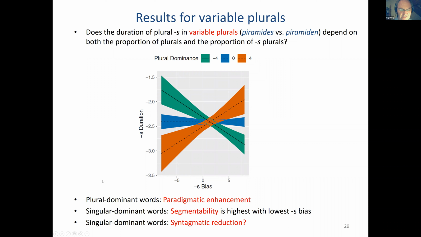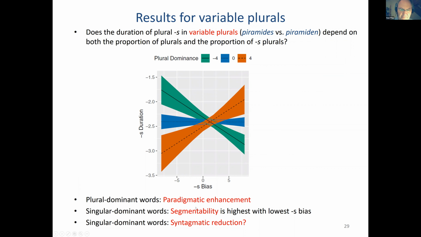But maybe it's also a case of syntagmatic reduction, in the sense that if you are at the other end, in the singular dominant words, so you have many singular forms, few plural forms, but if among the few plural forms you have many S's, then this may be a matter of syntagmatic reduction, a kind of informativity effect, because you know what's coming for these words, even though there are not so many plural words.